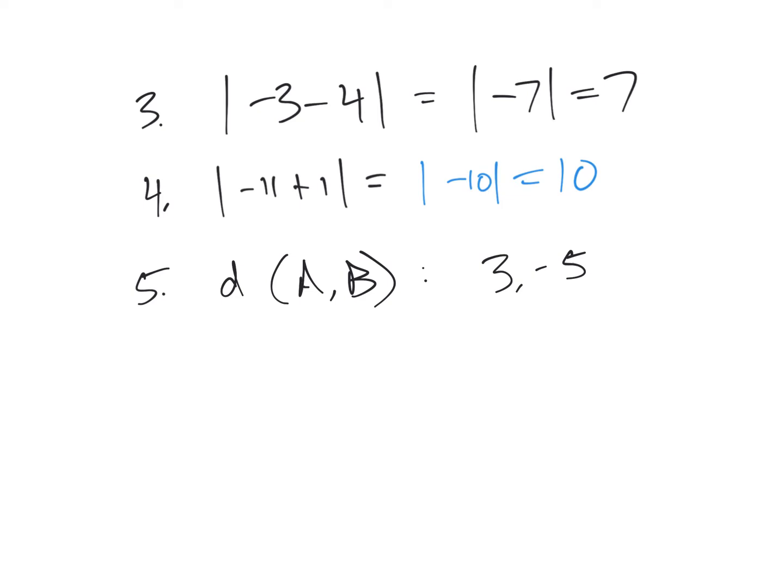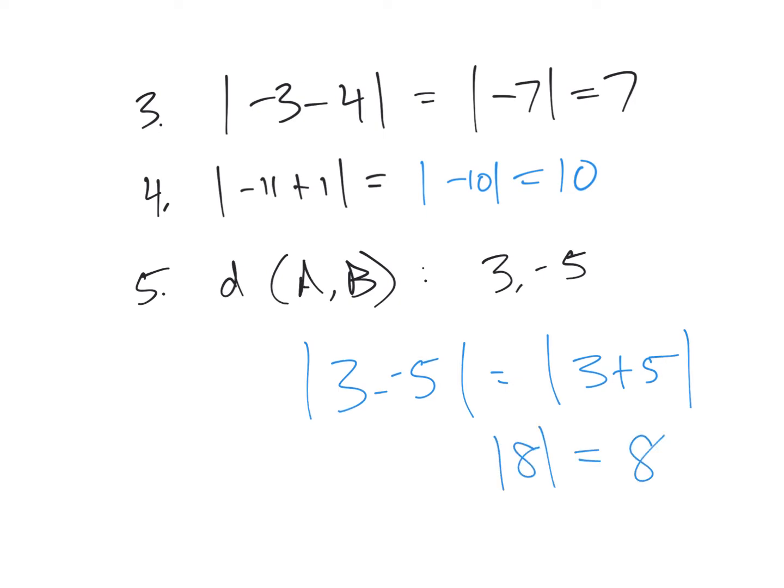So the distance between two numbers is like finding the range. Doesn't matter what order because you're going to do the absolute value. 3 minus a negative 5 is the same thing as 3 plus 5, which is the same thing as the absolute value of 8, which is 8. Just subtract the two numbers and take the absolute value.